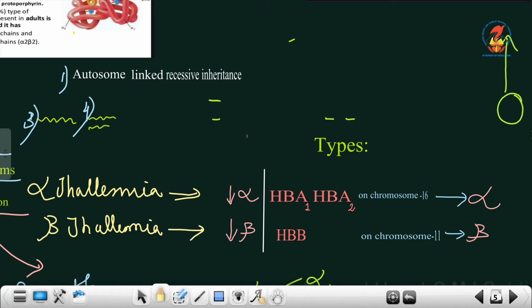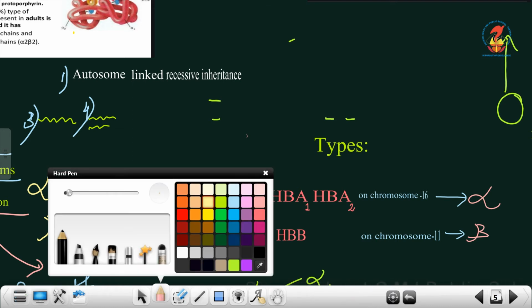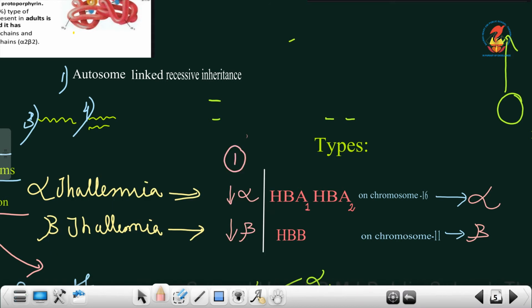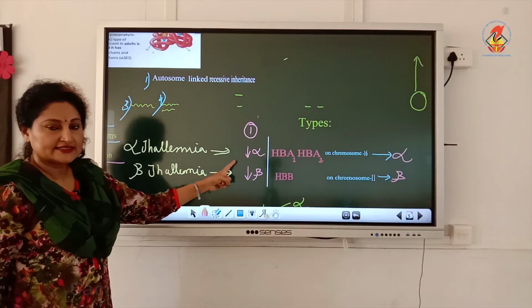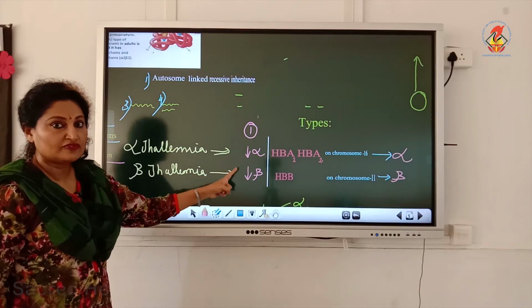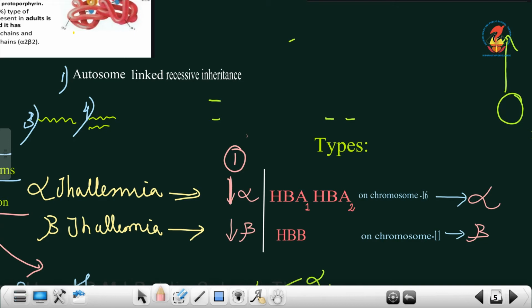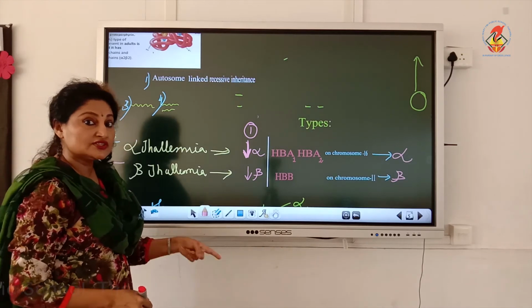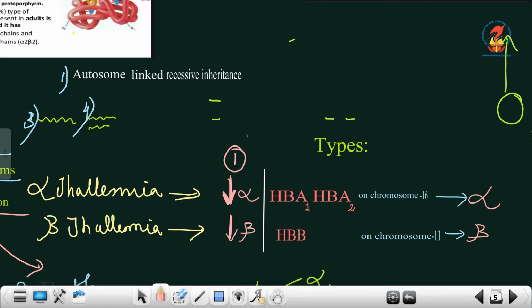Now, the first difference between alpha and beta thalassemia, as I already indicated, is the rate of synthesis. In alpha thalassemia, the rate of synthesis of alpha chain is low. Whereas in beta thalassemia, the rate of synthesis of beta chain is low. So I have highlighted low.